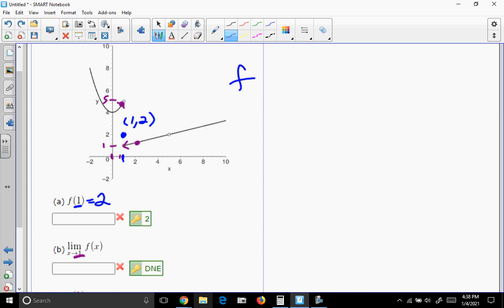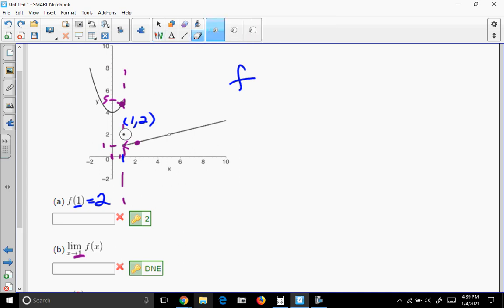So if on one side our function goes towards one y value, and on the other side our function goes to a different y value, same x here, we're ignoring what actually happens when we get to 1. But when we're close to 1 on the left and when we're close to 1 on the right, our function is going to two different locations, so that limit doesn't exist.